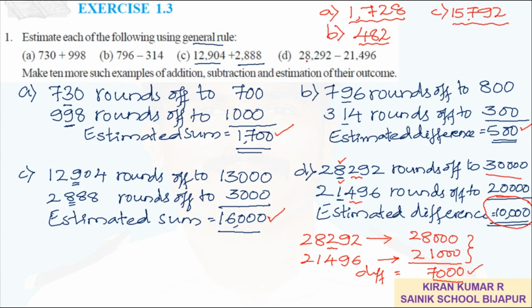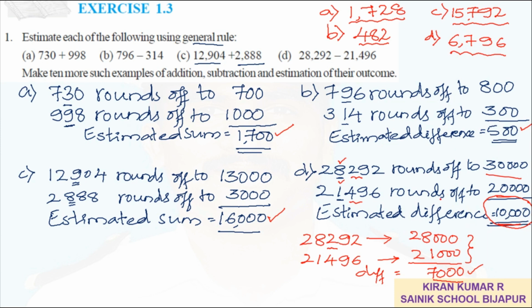Let me tell you the actual difference in the fourth one. 28,292 minus 21,496. The actual difference is 6,796. This, when you round it off, is actually 7,000, not 10,000.